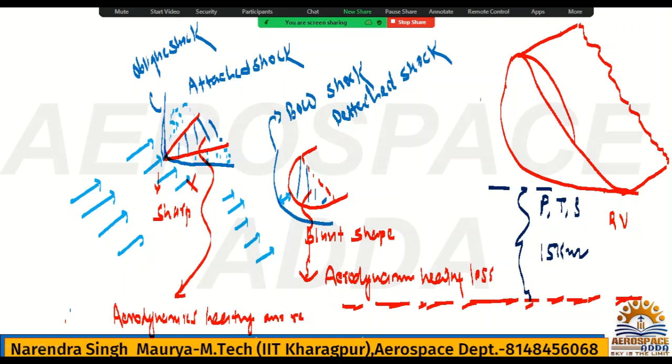Number two, because it is a blunt shape vehicle, here bow shock will be formed. And in fact, in the problem they have mentioned also that bow shock is formed.